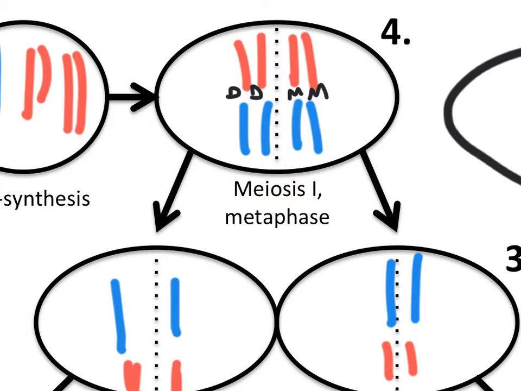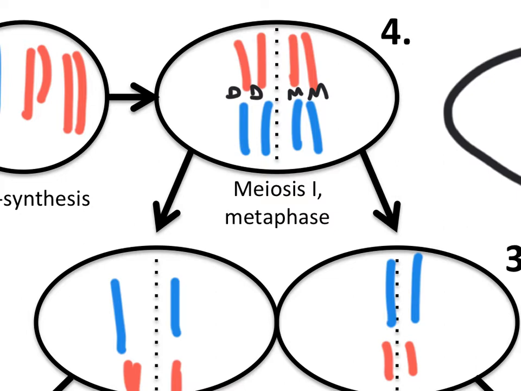Everybody write underneath that on the blue chromosomes what they do. Write the 4 letters. 2 D's, 2 M's. What's going to happen?